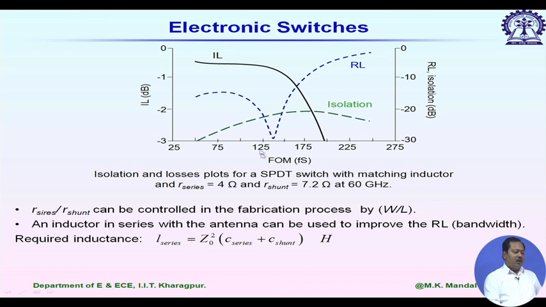For this particular example, when we are using R series equal to 4 ohm, R shunt equal to 7.2 ohm at 60 gigahertz, we have minimum return loss at approximately 130 to 140 femtosecond.